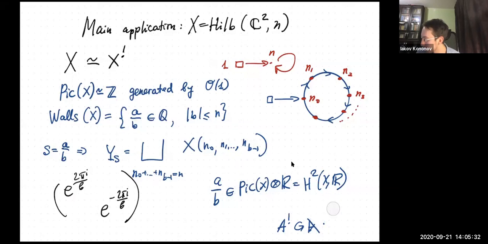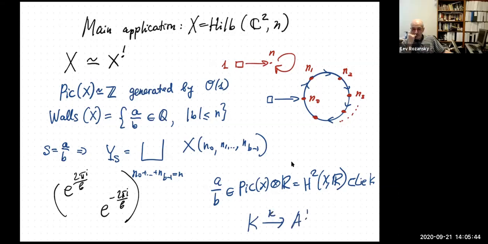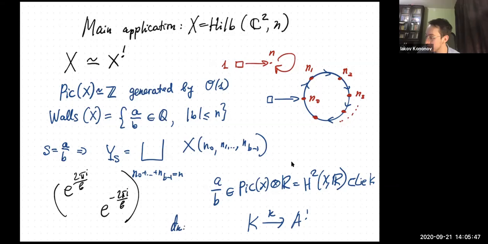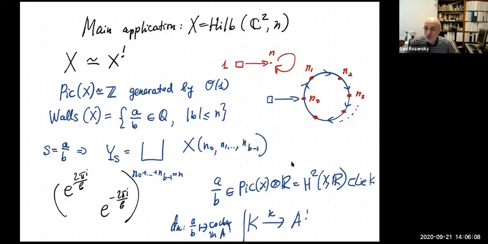This lies in the Lie algebra of K, and we have a map from K to A factorial kappa. So then d kappa maps this element A over B to some generator, some co-character in the dual torus. So then we can define a fixed subvariety on the dual Hilbert scheme.